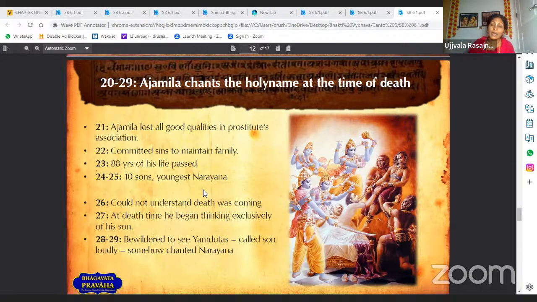He was committing sin, but there was no aparadha. So that's one thing. He was sinful, but he did not do aparadha. And the second thing is, though he was not calling Narayana directly, he meant to call his son, but the utterance of the word Narayana was desperate.